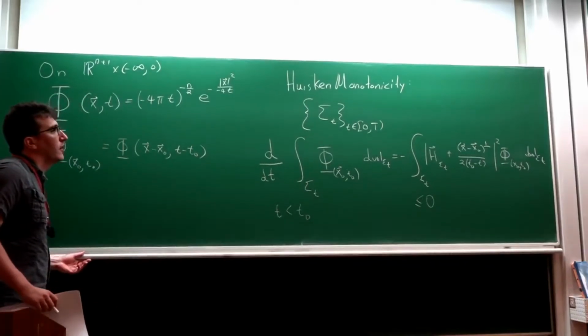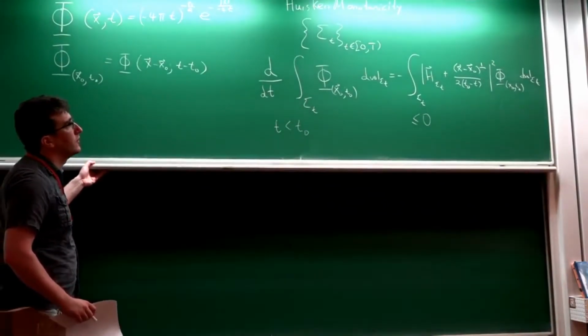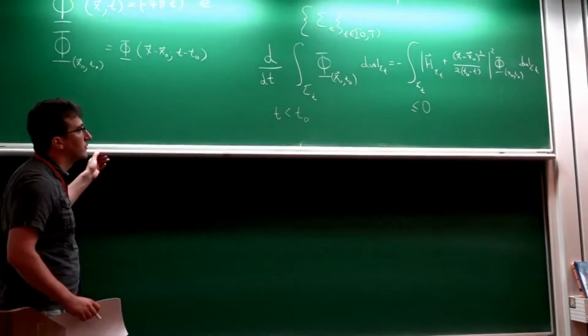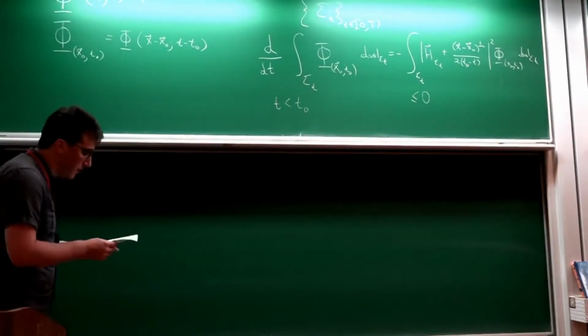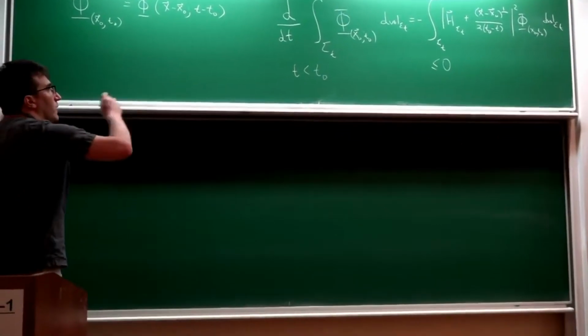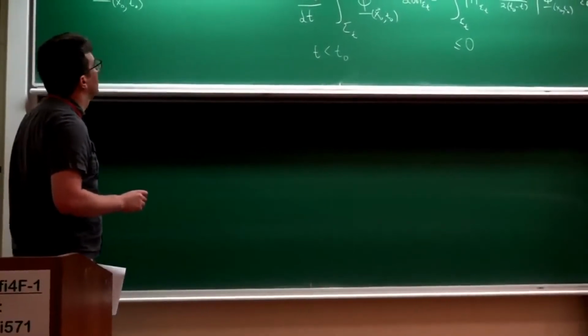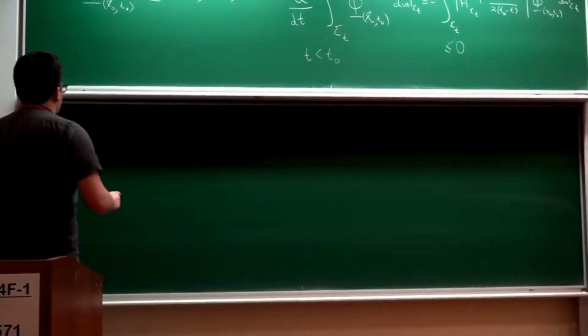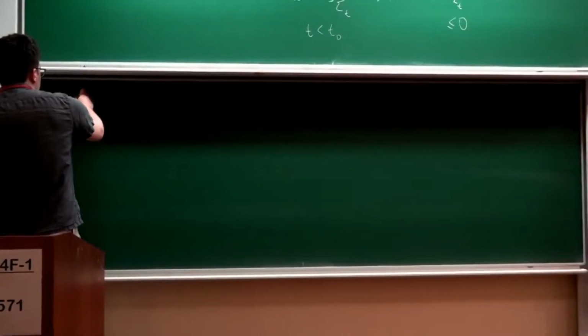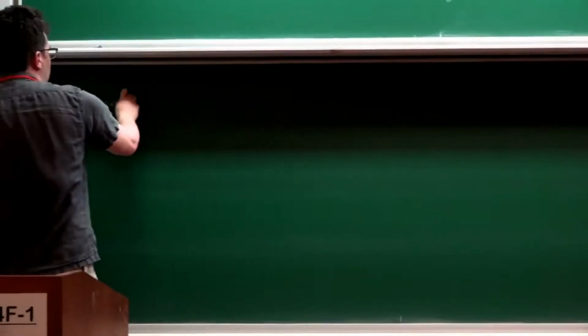Okay, so that's our basic tool that we're going to use to study the mean curvature flow, especially its singularities. And one of the consequences of this is the so-called Gaussian density.